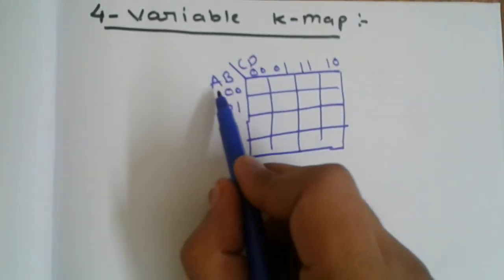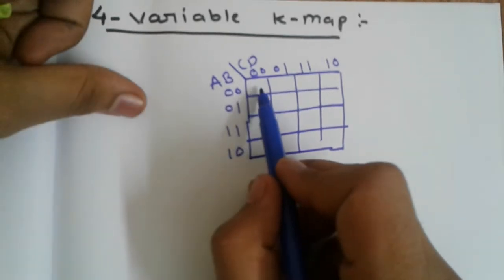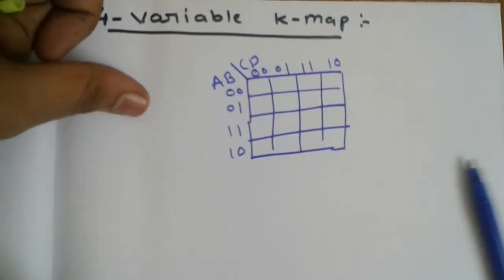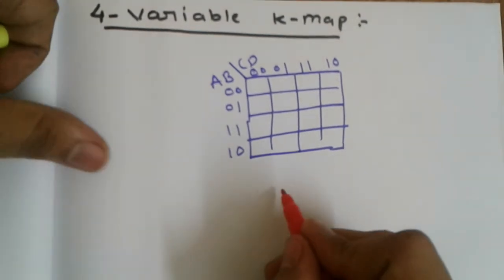Then this is MSB and this is LSB, so we are going to mark this one like this.